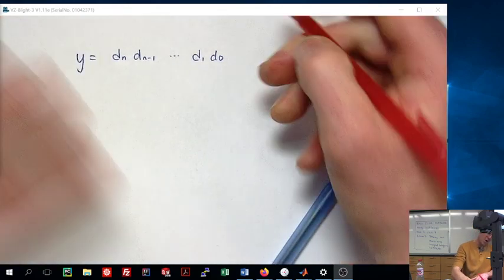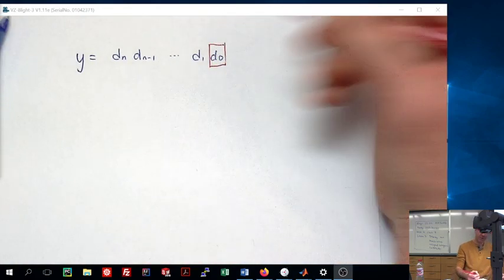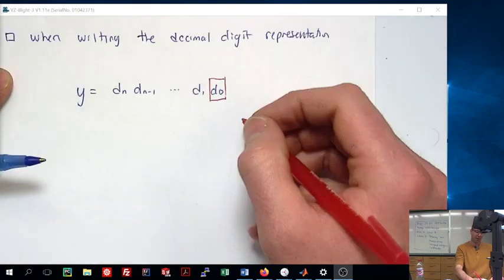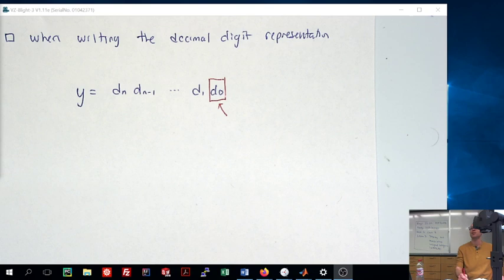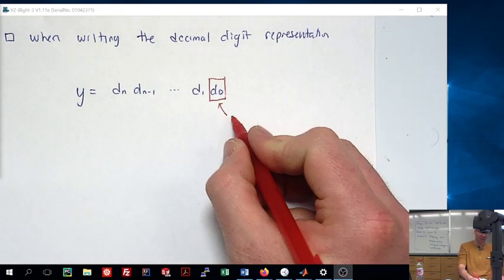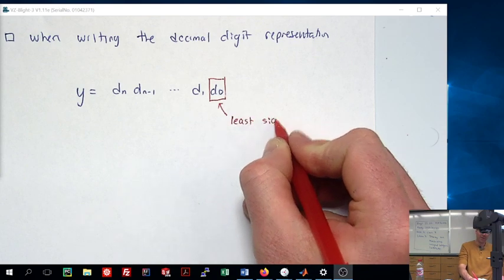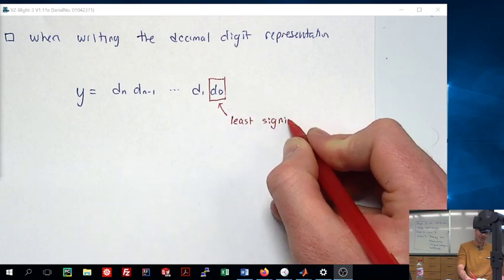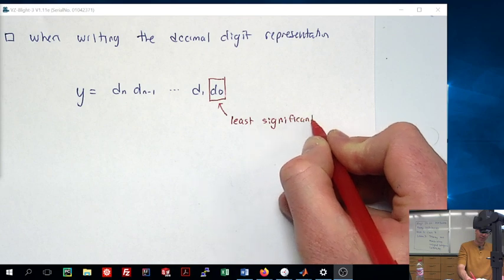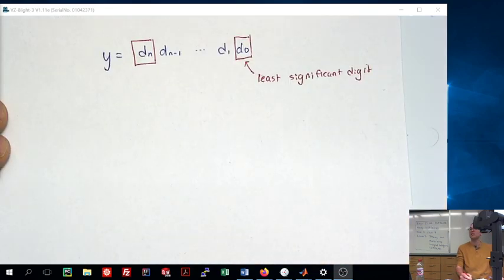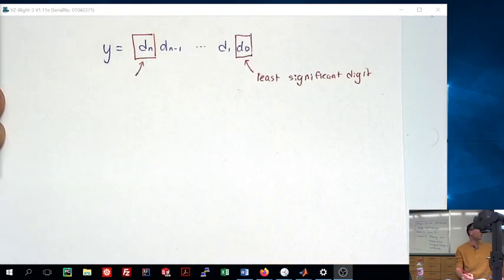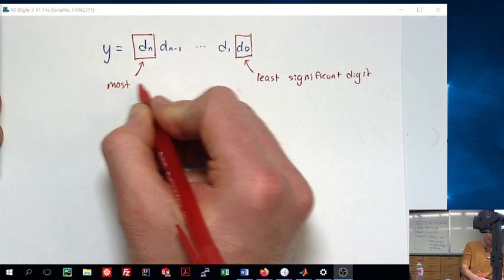Do you remember what we called this right here, the one all the way to the left? Which would do the least damage if I were to delete one of these digits on your bank account? Yeah, so this is going to be the least significant mistake if you were to have inaccurate representations of a number. That's the one with the least significant mistake. This is the one with the most significant mistake.